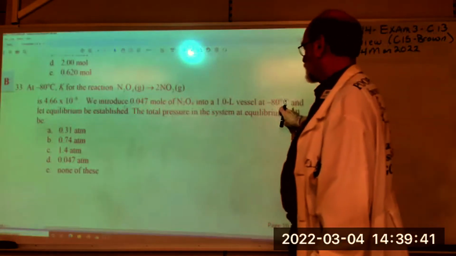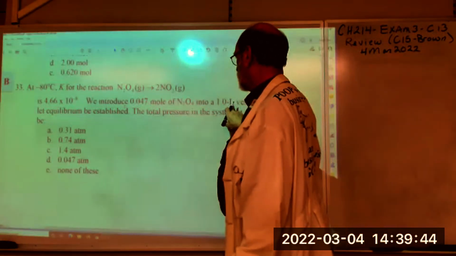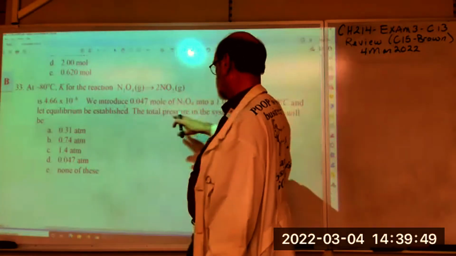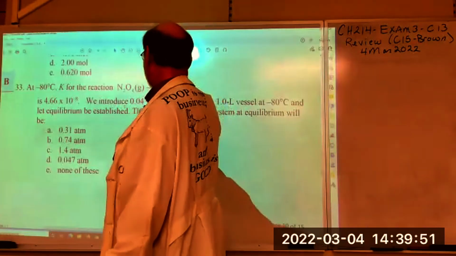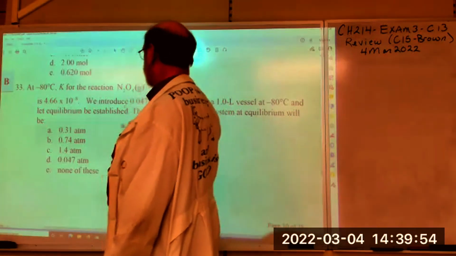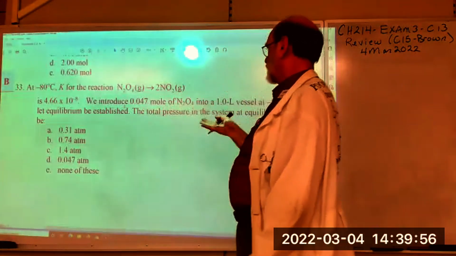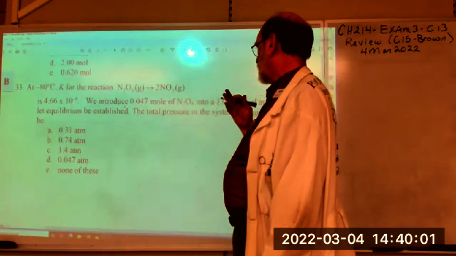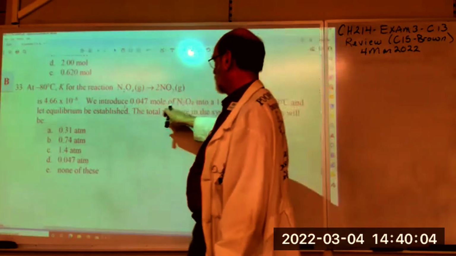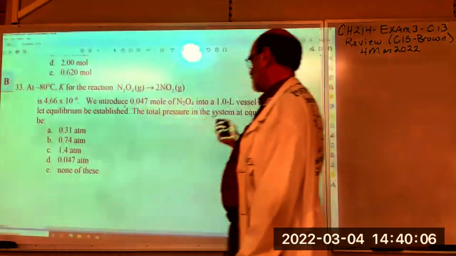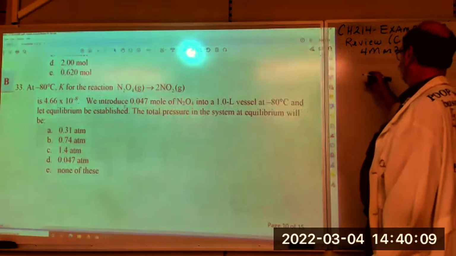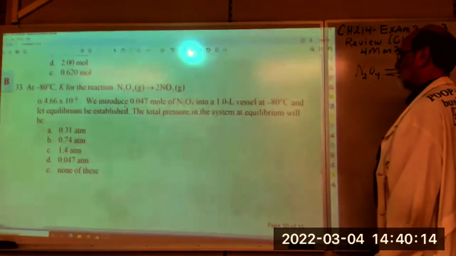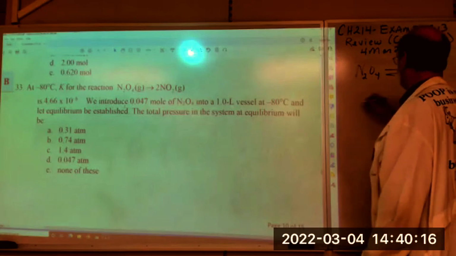Let's see. We have temperature, we have volume. We have to calculate moles, temperature, volume, pressure is the unknown, and moles. We have to calculate moles in N2O4 to NO2.